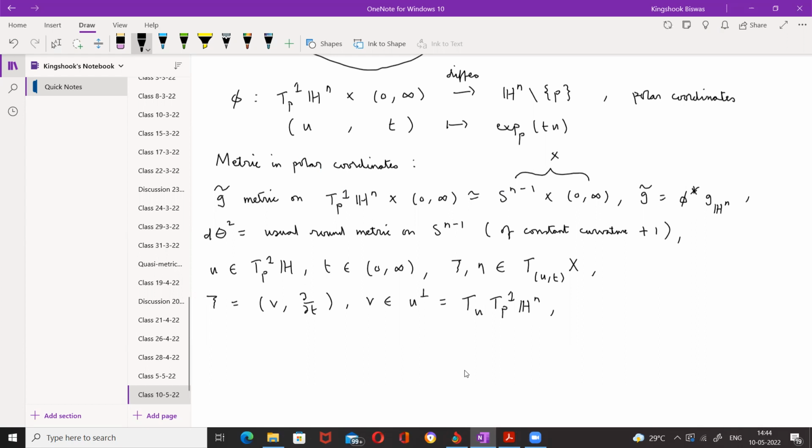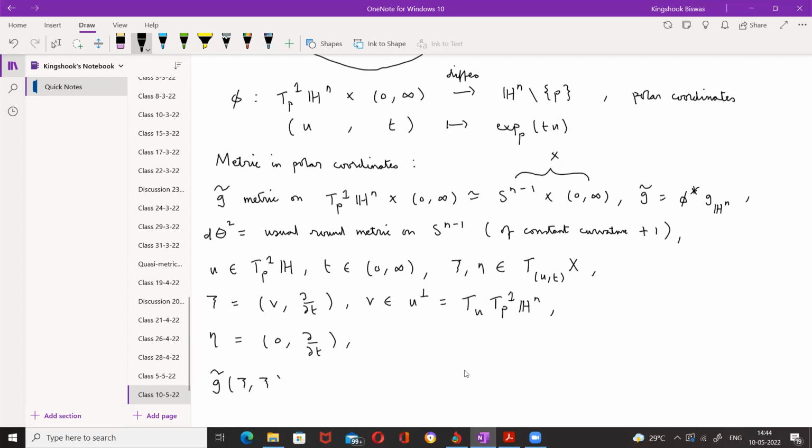And if I take eta to be zero comma del t, then what is g tilde first of xi comma xi?